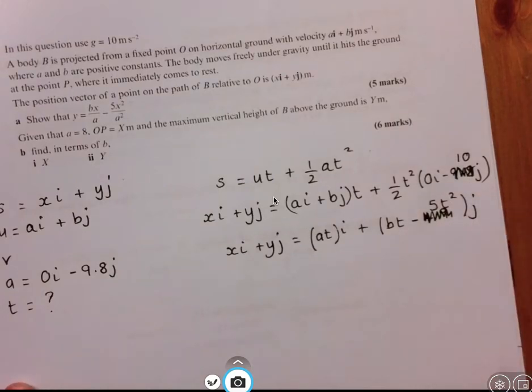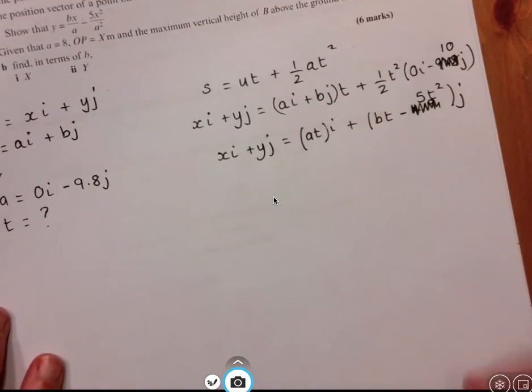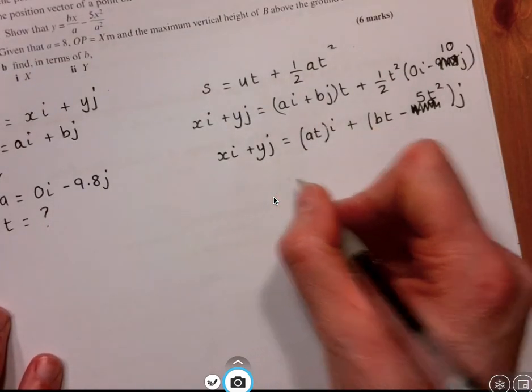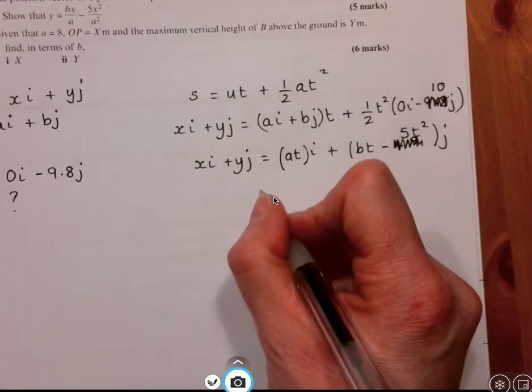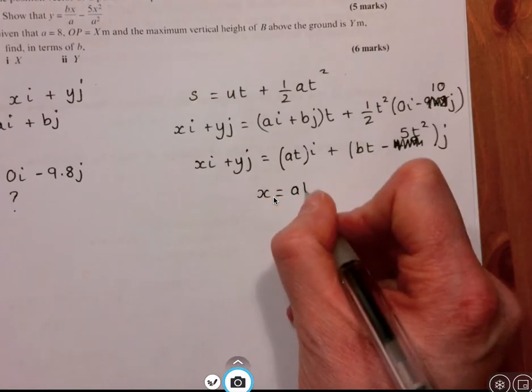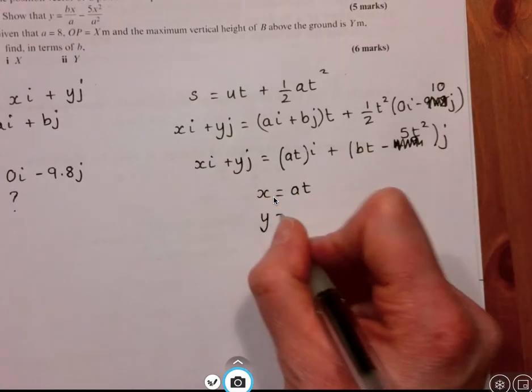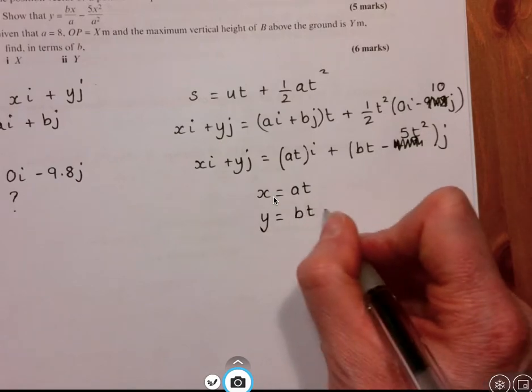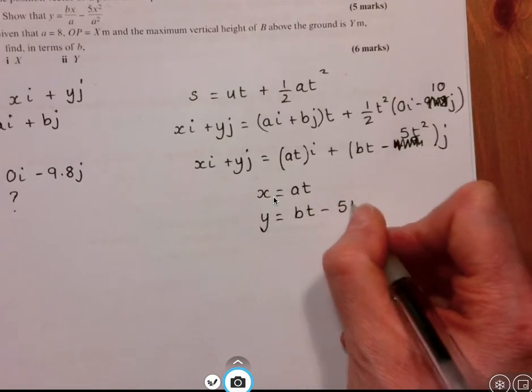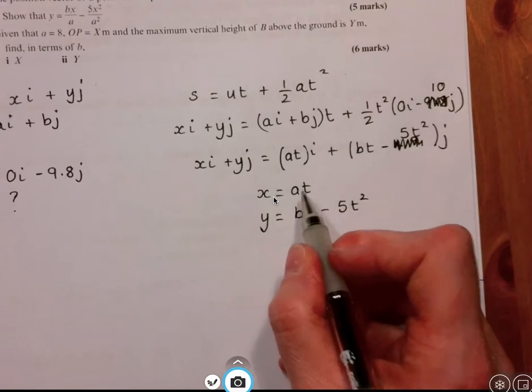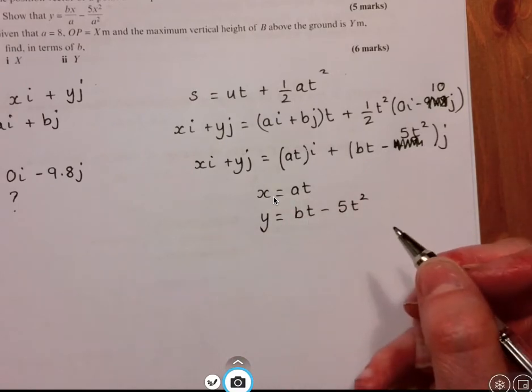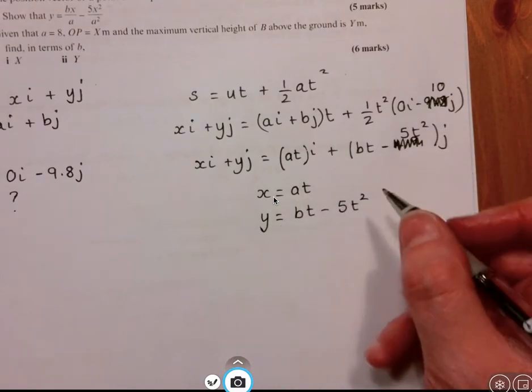So if we look now, can you see we can write x is equal to at, and y is equal to bt minus 5t squared. That comes from looking at our i components and our j components.